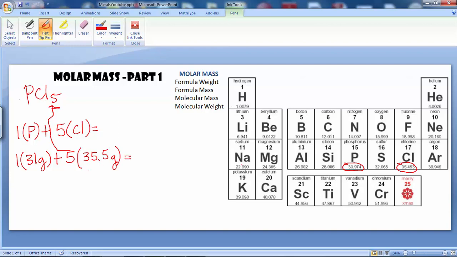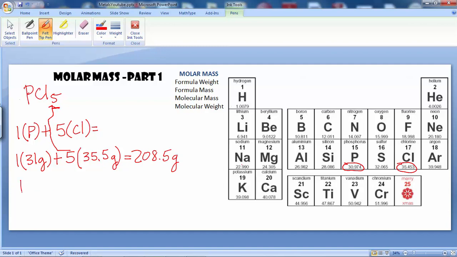Okay, so we simply do this multiplication and addition, and you should get 208.5 grams. Are we finished? No, we are not finished.